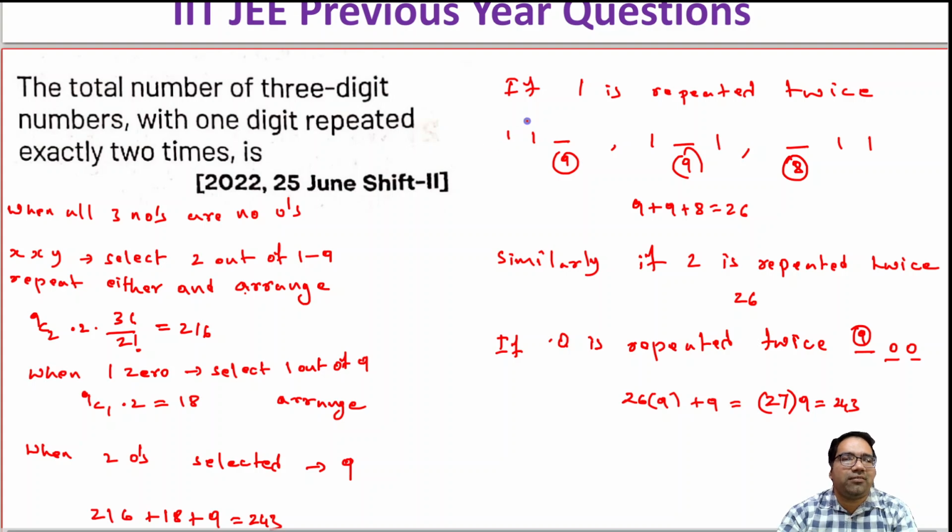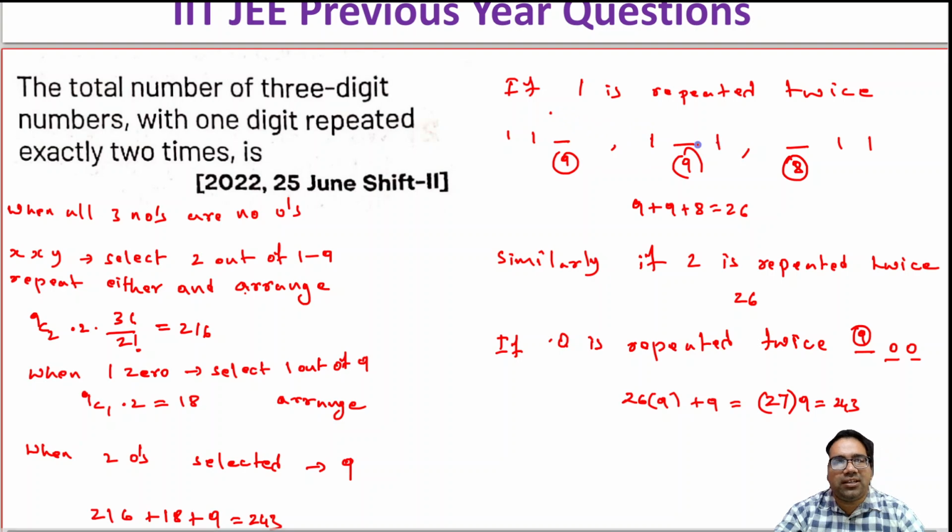Now, if 1 is repeated in the first two places, then in the remaining place we have 0 to 9 except 1. We cannot consider 1 there; everything else we can put, for example 0, 2, 3, 4, 5, 6, 7, 8, 9. So we have 9 options here.